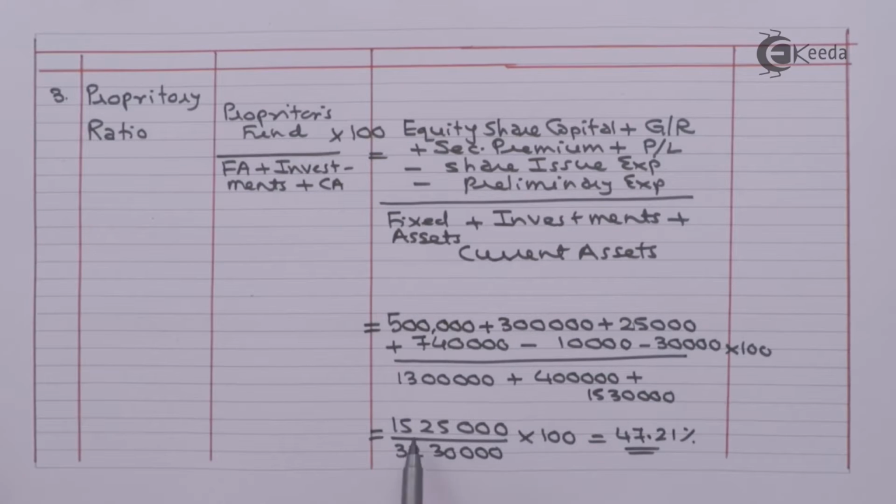Total proprietors fund 15 lakh 25,000 divided by total assets 32 lakh 30,000 multiplied by 100, we get proprietary ratio 47.21%.